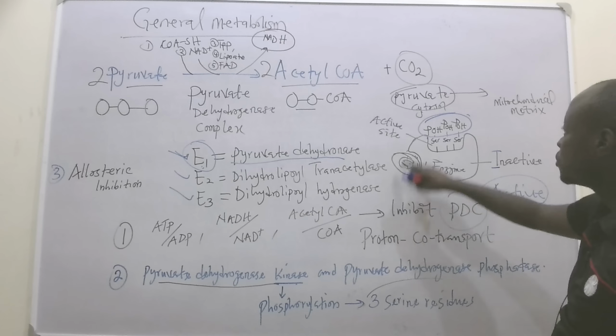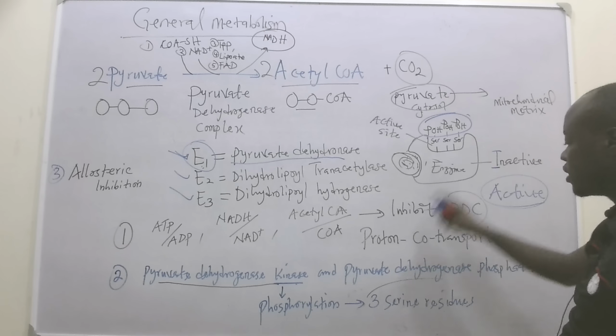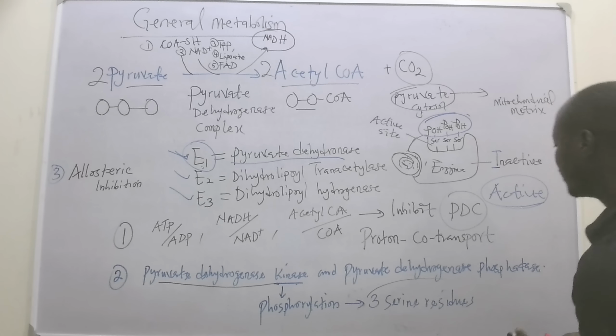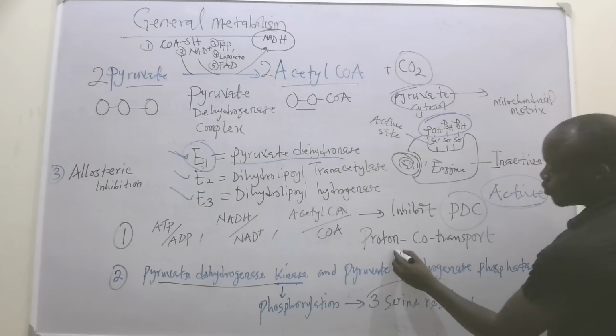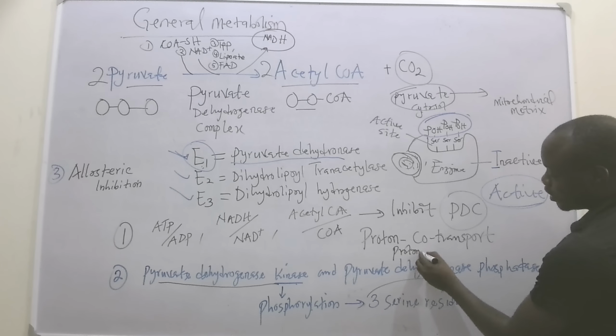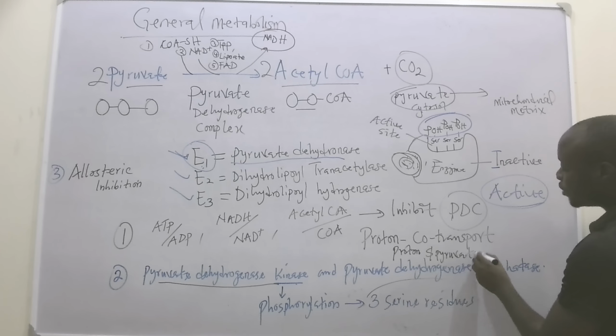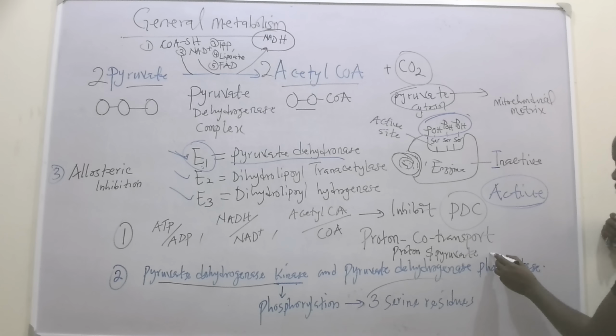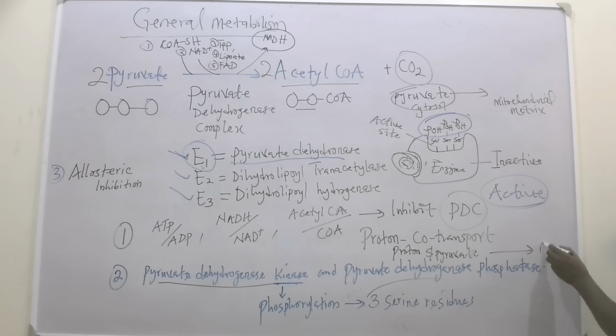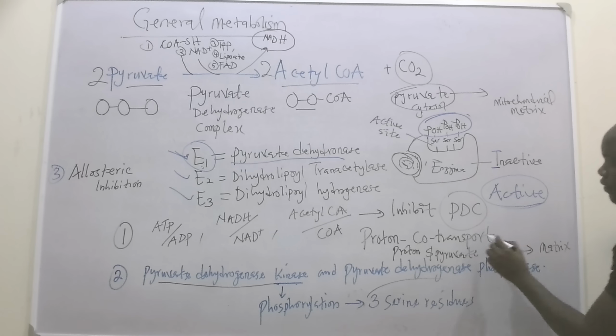We call this transport of pyruvate to the mitochondrial matrix proton co-transport because the proton and the pyruvate move in the same direction from the cytosol to the matrix of the mitochondria.